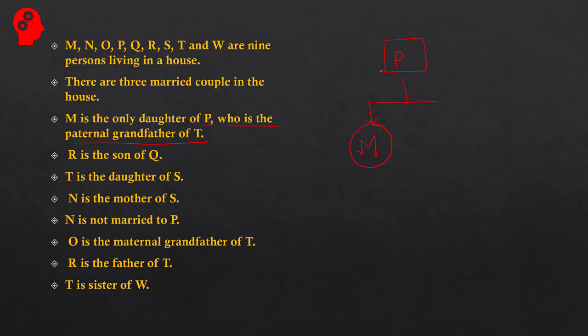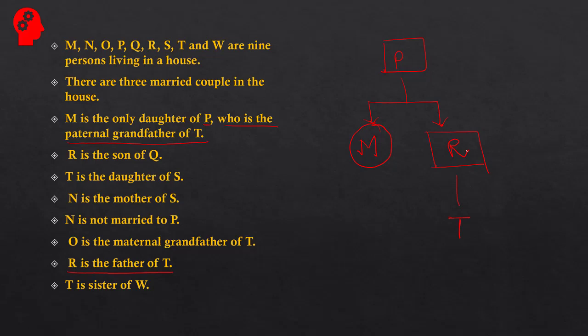Okay. That leads us to that he has a son also, whose child is T. Then only he would be paternal grandfather of T. R is the father of T. So I have the name here.